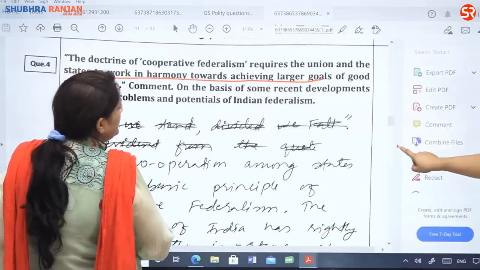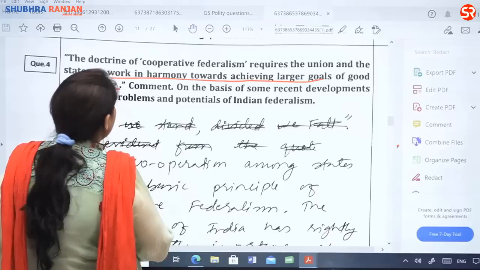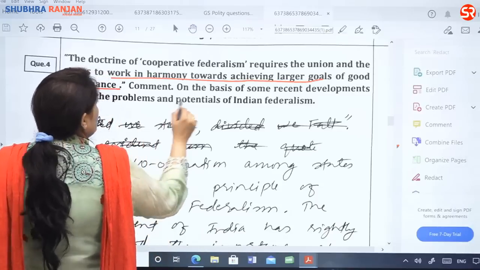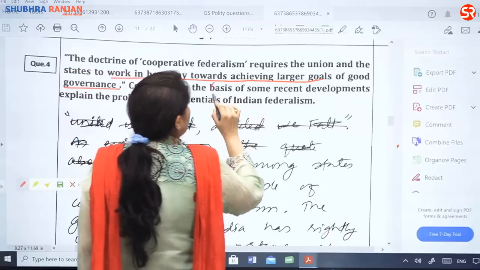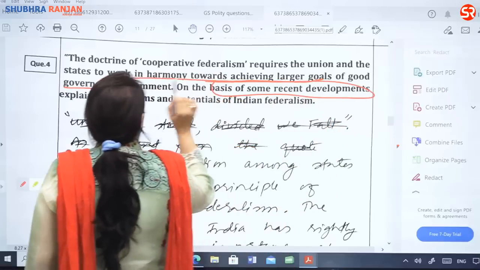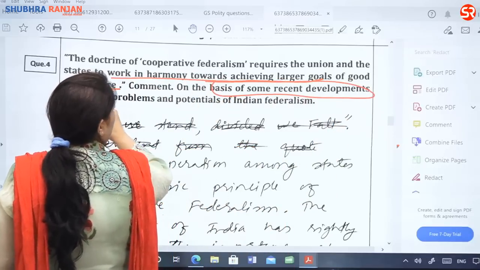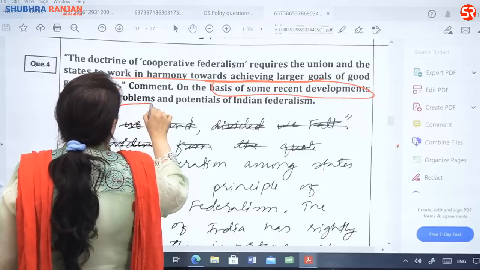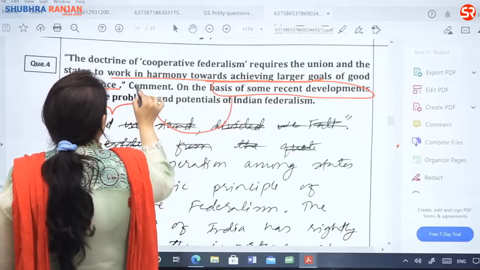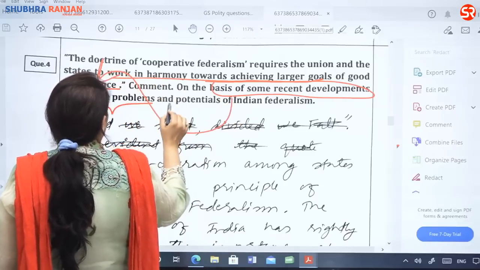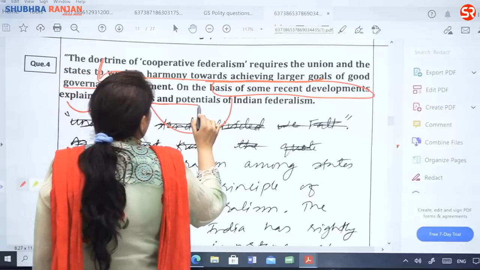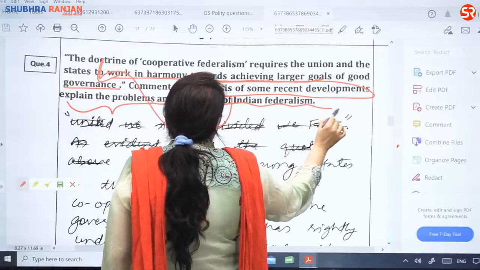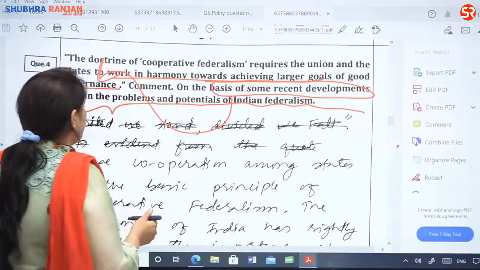Comment on the basis of some recent developments that good governance will require working together. Explain the problems and the potentials of Indian federalism.